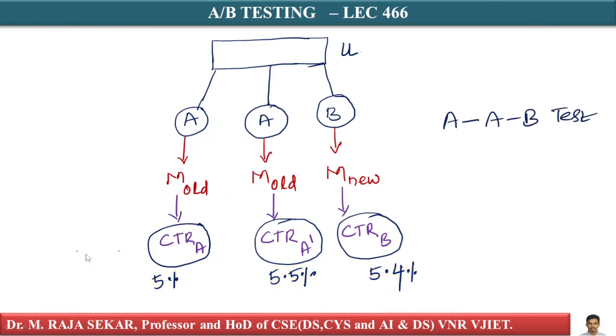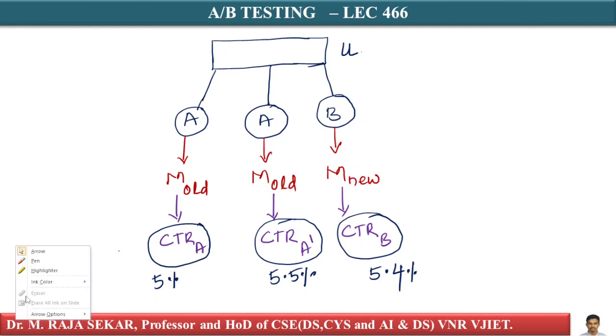It may happen that here it is 50% of the data, here something like 30%, and this is maybe 20% of the data. Different samples: maybe 50% went to A, 30% went to the second A, and 20% went to B.